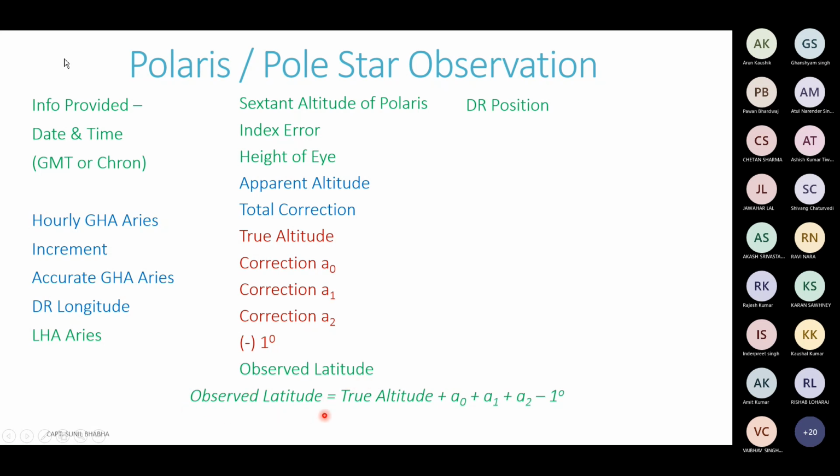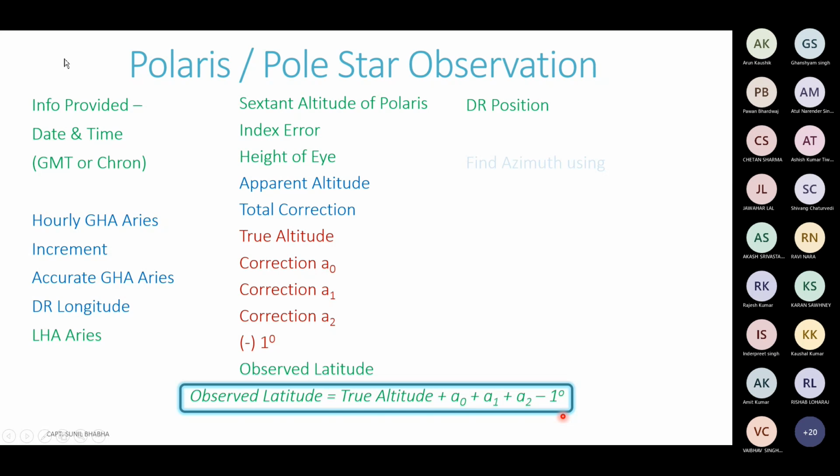Now the formula which I mentioned to you is this one: observed latitude is equal to true altitude plus A0 plus A1 plus A2 minus 1 degree. Now to obtain the direction of the PL, we get the azimuth of Polaris.